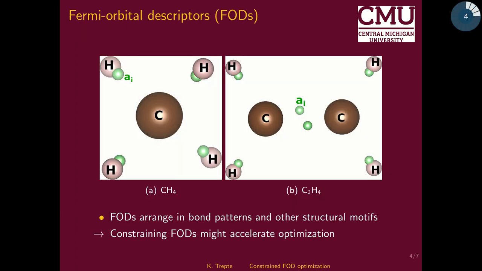Now I said that these FODs are points in space, but what we found over the past few years is that these FODs actually arrange in very recurring patterns given certain bonding arrangements and certain other structural motifs. And I'd like to show that again on the example of CH4.